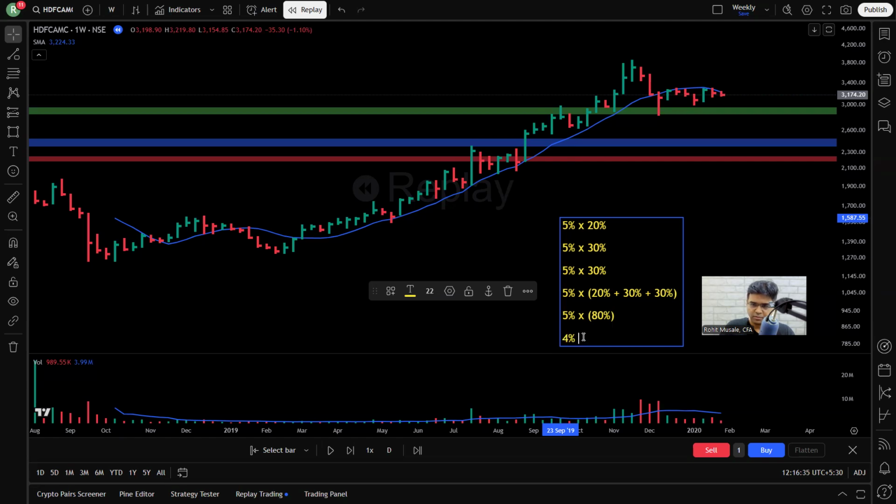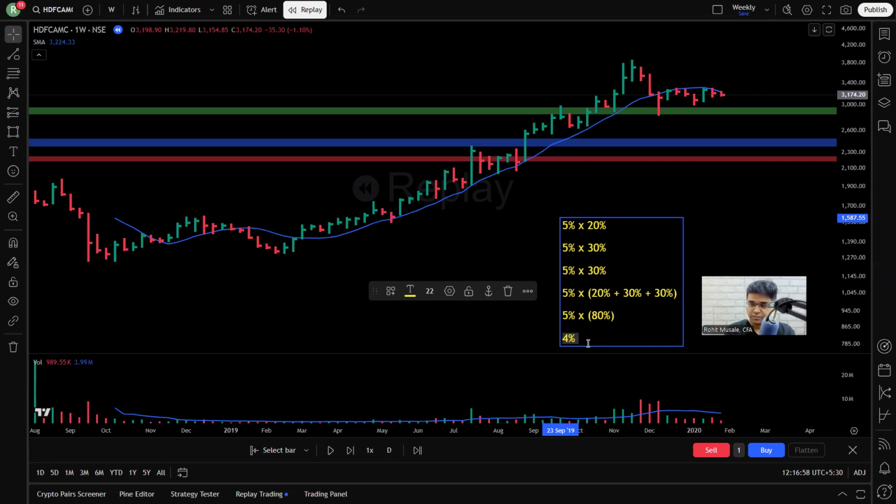So this is the amount of money that you make from the stock on a portfolio level. So one stock contributes 4% to your total portfolio return. Imagine getting just 5 stocks like this in 1 year. That's a 20% return. 4% per stock multiplied by 5. That's a 20% return in a year.